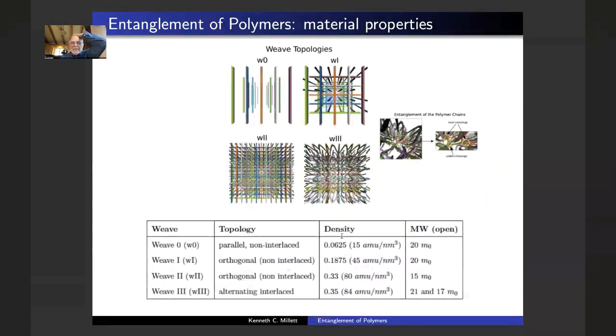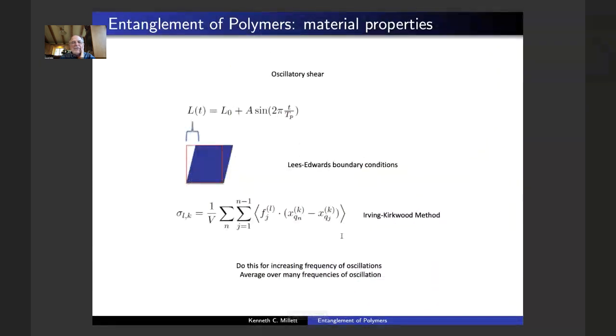So here's just a picture of the quantities of the properties of different densities, and then the shear force is given by this kind of picture with the blue square, with the square sort of moved to the right a little bit by this periodic force, using what I'm told are called the Lee-Edwards boundary conditions.